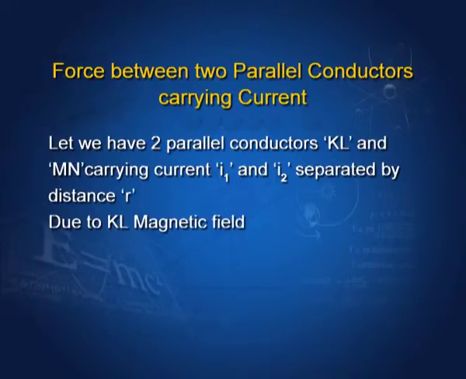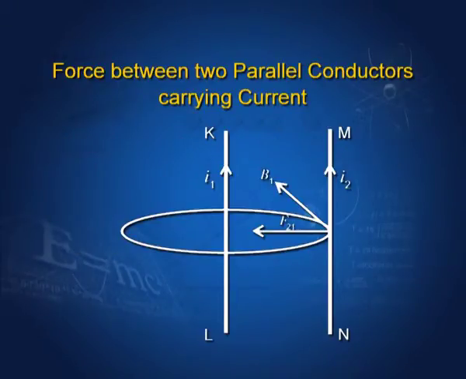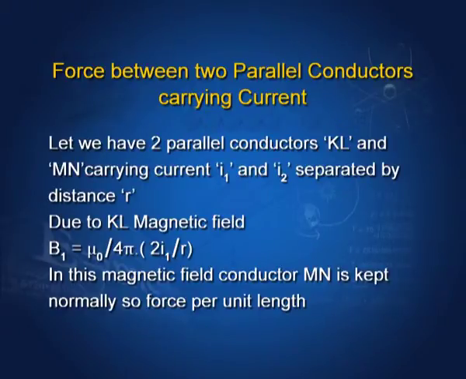Due to the conductor KL, the magnetic field at point P1 on the conductor MN, say B1, is equal to mu naught upon 4 pi into 2 I1 upon R. This magnetic field B1 will be radially inward using Maxwell's right hand thumb rule. In this magnetic field B1, the conductor MN is kept normally, so it experiences some force.